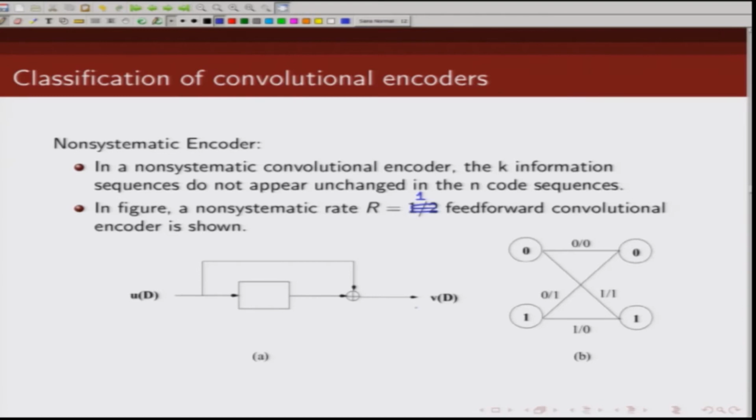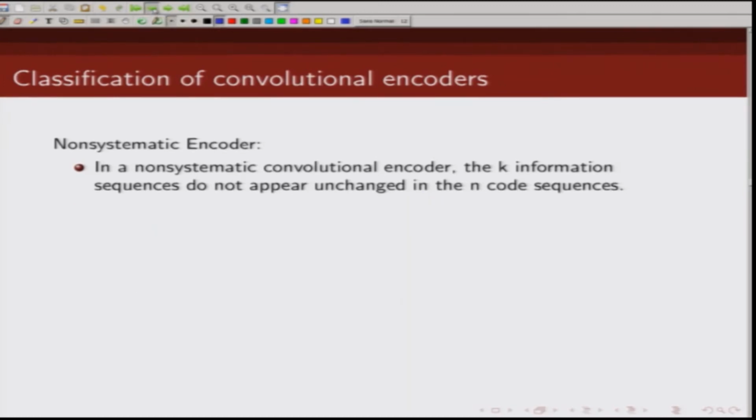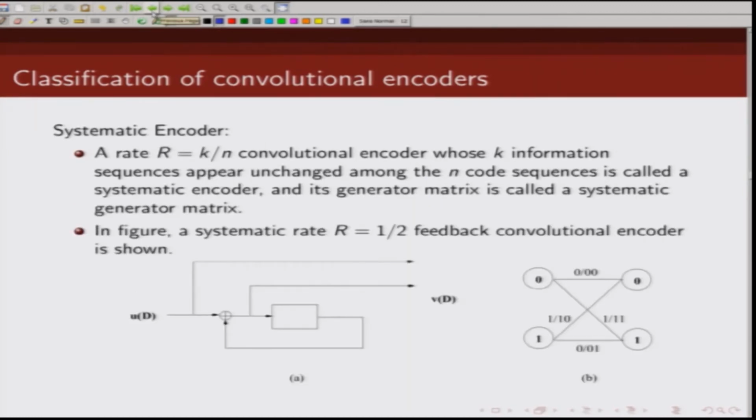You can see there is no feedback from the output to the input side. The output bit is given by this current input bit and this past input bit. So, you cannot directly take out the information bits from this coded bit. So, this is an example of a non-systematic encoder.